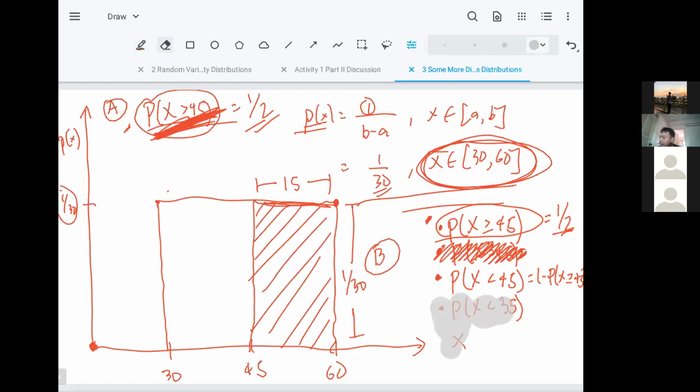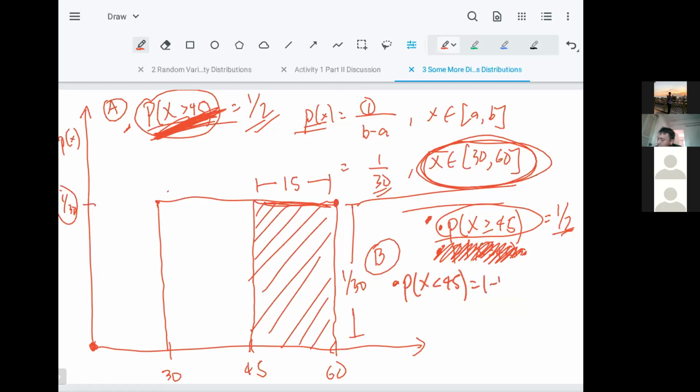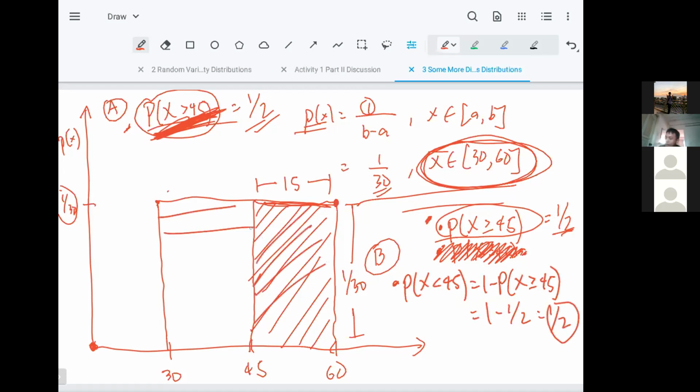Kinopya ko lang kasi tulad sila. Okay, wait lang. Rewrite ko tong number 3. So the third follow-up question, probability that x is less than 45, you have to realize that it's just 1 minus its complement. Complement rule pa rin. Babalik tayo sa rules of probability. And we know that this is just 1/2. 1 minus 1/2. 1/2 pa rin. Makes sense, di ba? Kalahati niya, 1/2. Yung kabaliktaran niya, 1/2 din. So complements. Pag inadd mo, 1 yung sum.